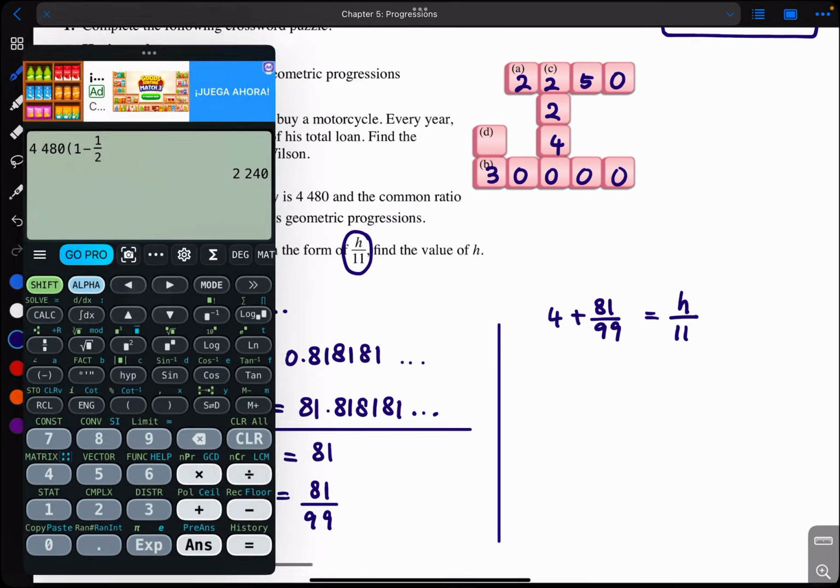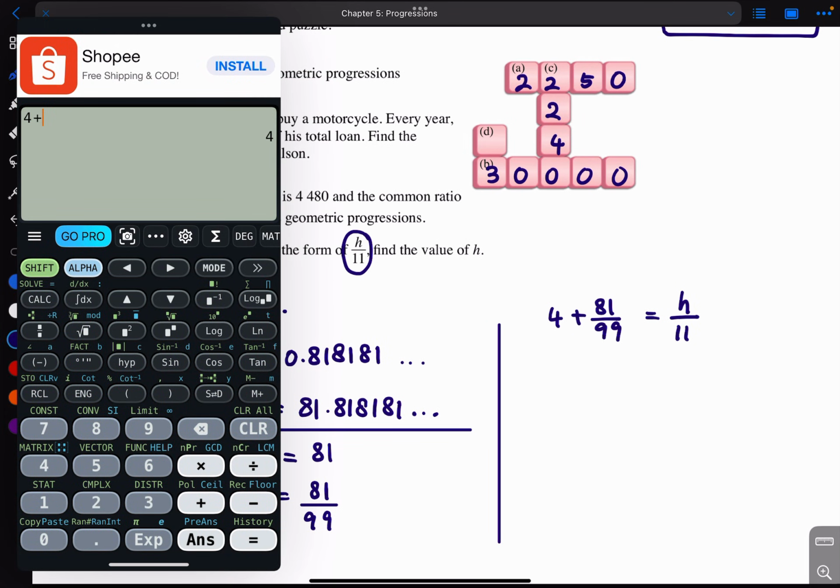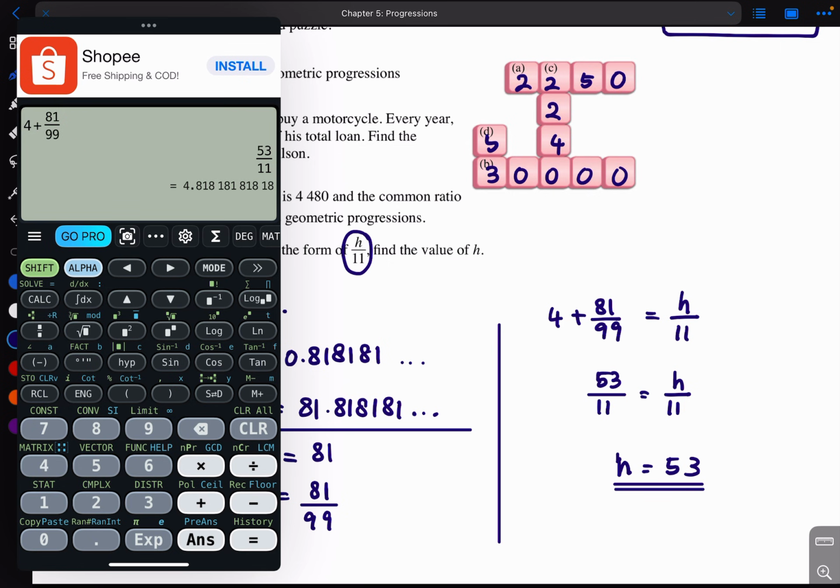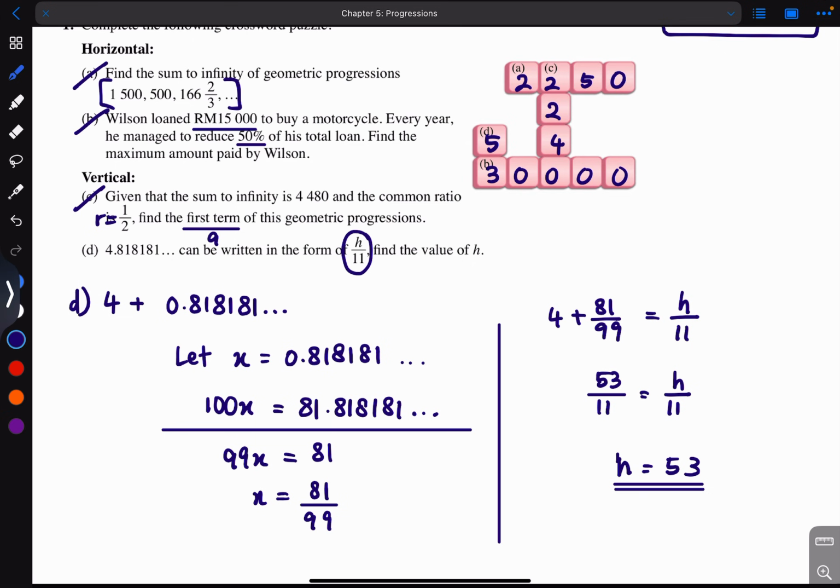So this one we can use the help of our calculator. We get 53 over 11. Therefore, h is 53. Done. That's it.